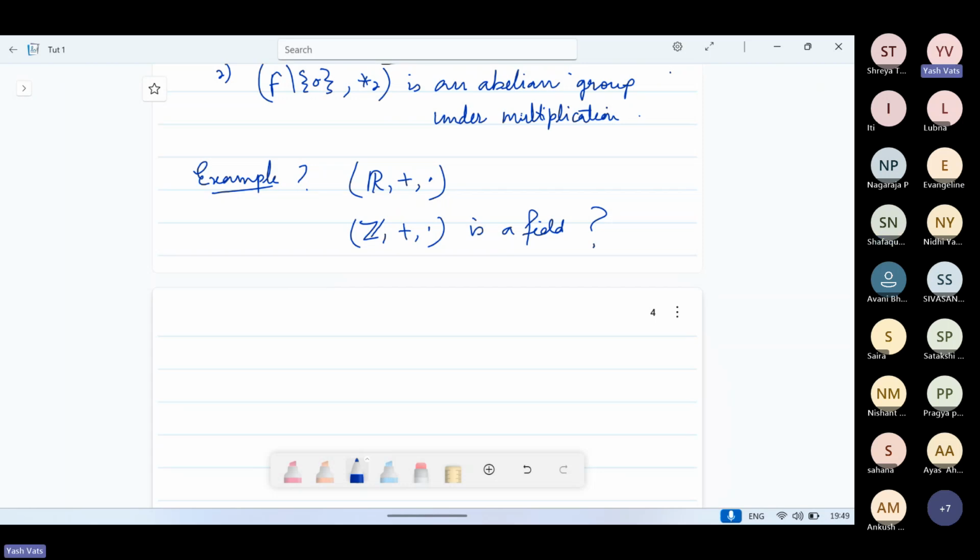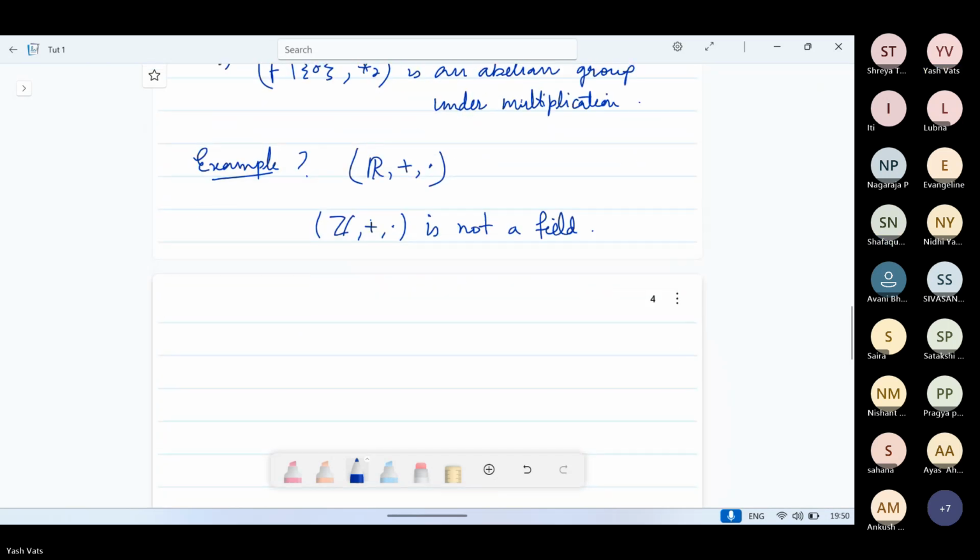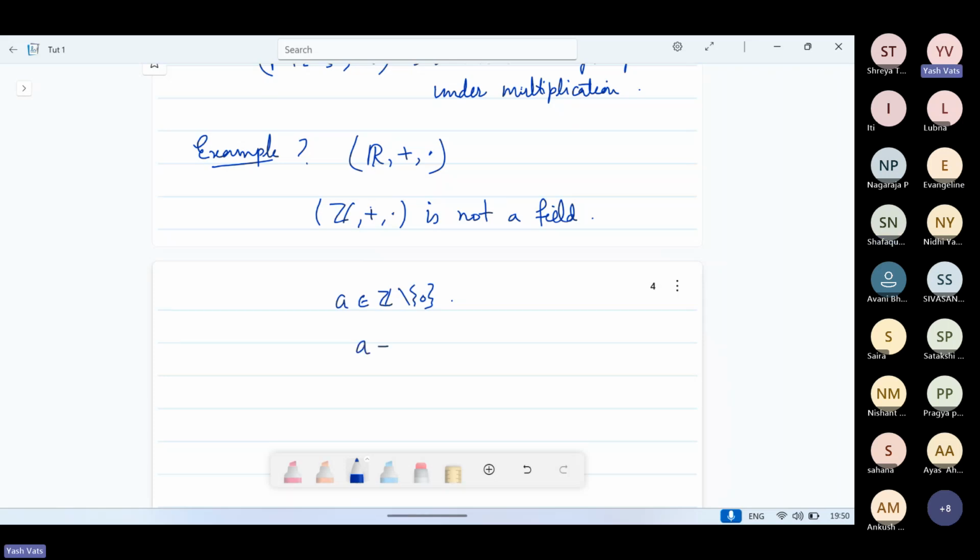Okay, whatever. Z is not a field. Why is it not a field? If you take an element a from Z minus 0, can you find an element b such that a star b is 1, the multiplicative identity?